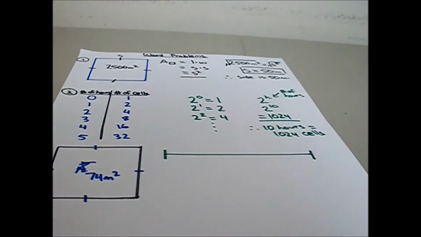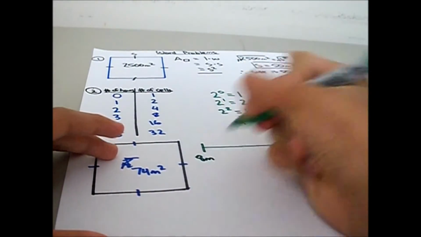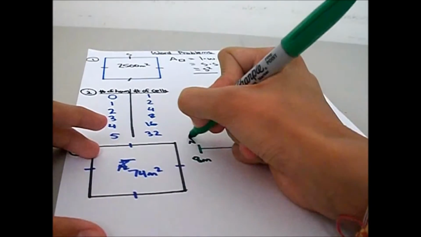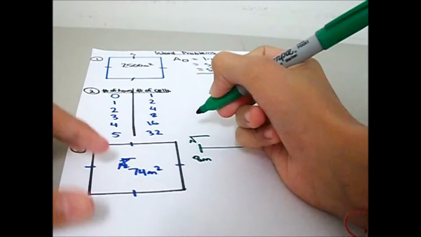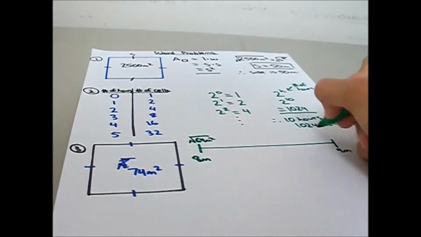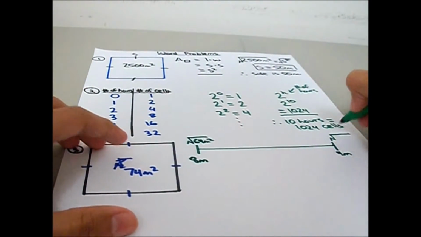I know that the square root of 74 meters is somewhere between 8 meters and 9 meters. So I'm going to write 8 meters over here and 9 meters over here, and the respective squares above. 8 meters squared will be 64 square meters, and 9 meters squared will be 81 square meters.